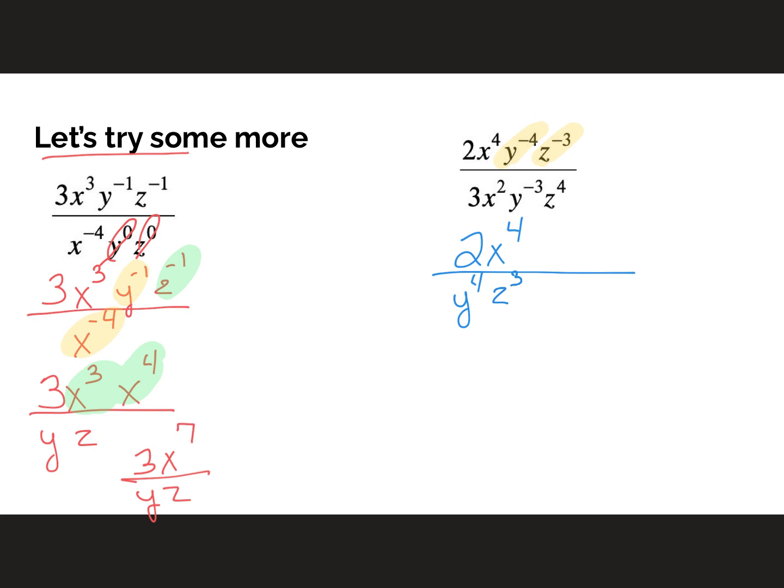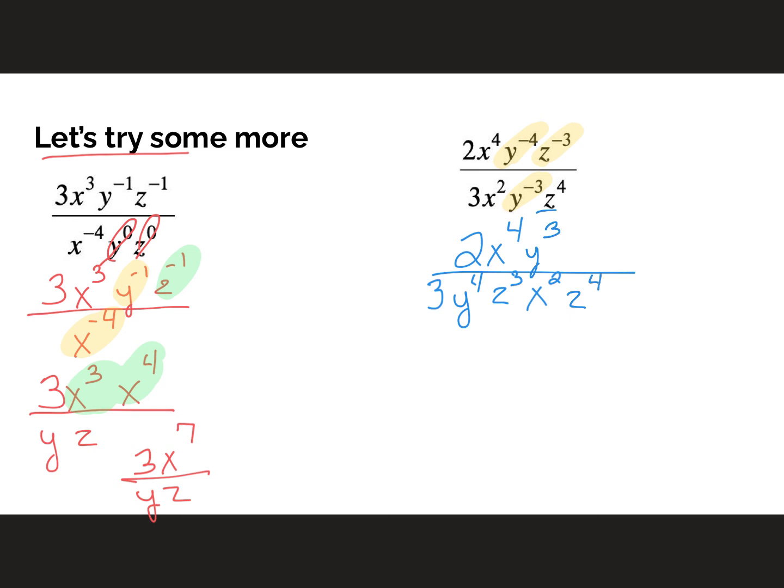And then I start with what's already on the bottom. I'm going to put the 3 at the front just because it makes it easier for me, 3. And then I have an x squared. Again, I have a y to the negative 3rd, because it's on the bottom, it moves to the top. So it comes up here and goes y to the 3rd. And then I have this z to the 4th that just stays in the bottom, z to the 4th.